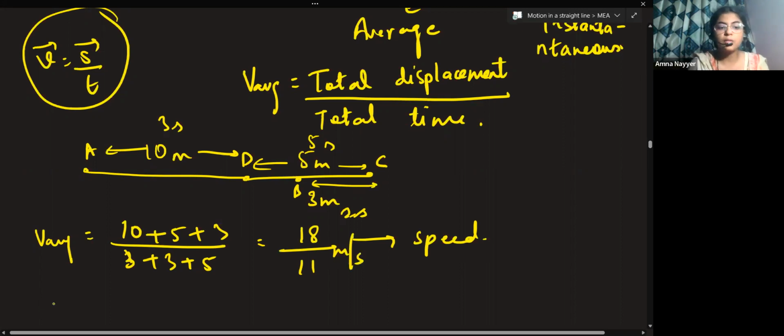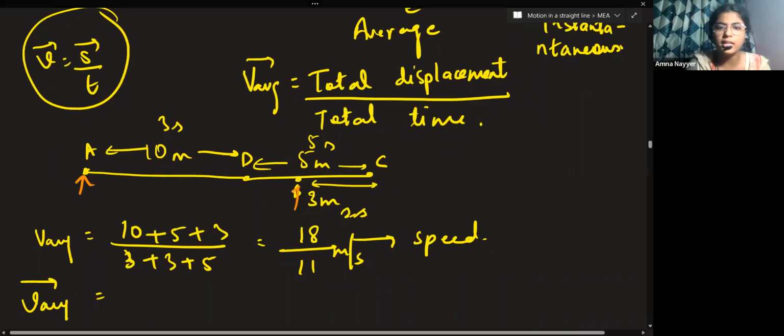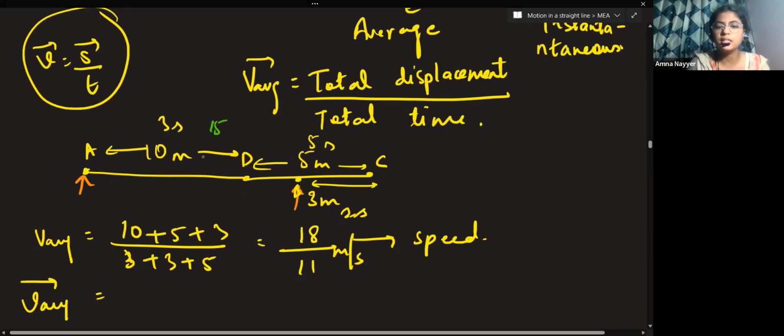Now, when we are calculating average velocity, the initial point is A. Just look at the initial and final point. This is your initial point, this is your final point. You just focus on this. So this complete distance, if you see, was 15. And from here, 3 has been deducted.